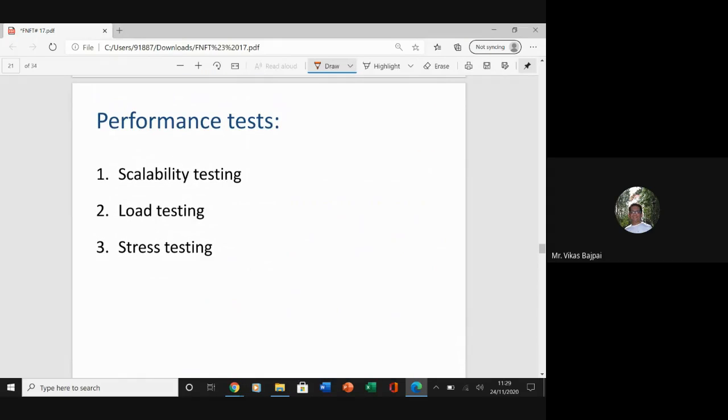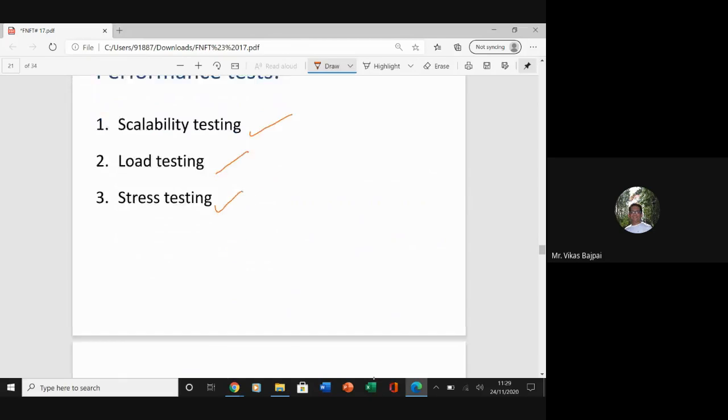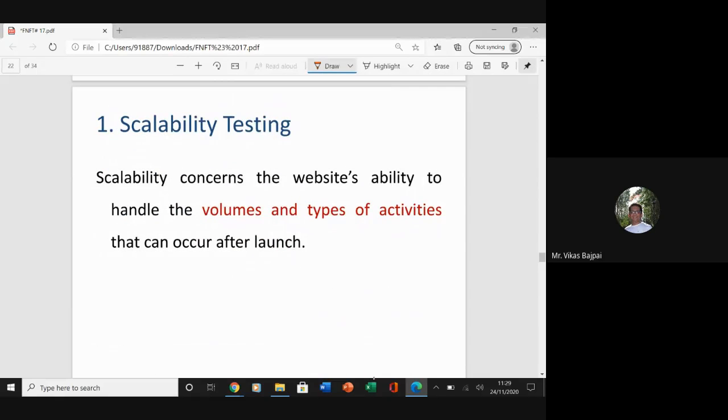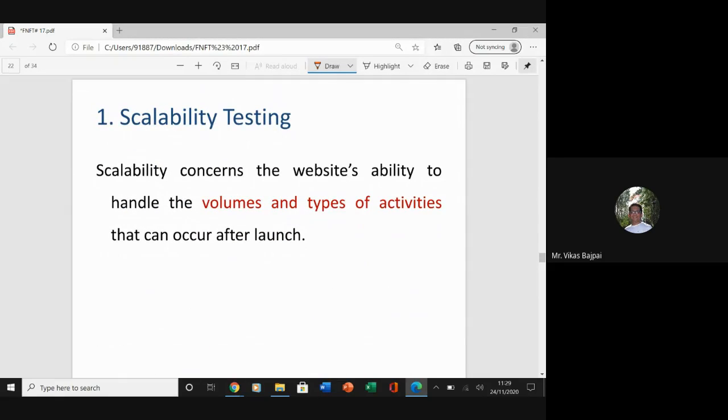So in case of performance testing, we have scalability, load, and stress. We have discussed all these terms, but here in context with the website, scalability concerns the website's ability to handle the volumes and types of activities that can occur, let's say, after the launch.